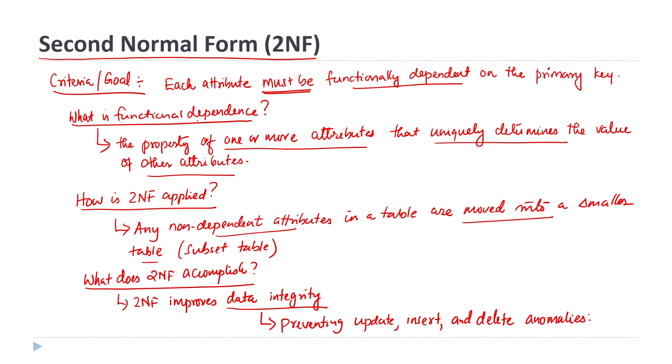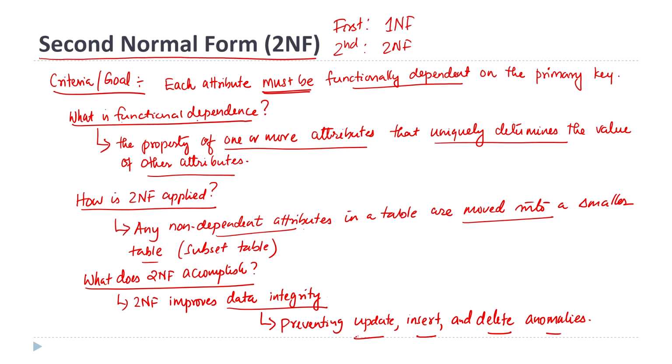So, the main aim is to improve data integrity. Anomalies we will see with examples quickly once we go through. So, the rule is, the first step is apply 1NF, second step is to apply 2NF, and after that you do 3NF, 4NF, etc., like that. So, we now know what is the second normal form.